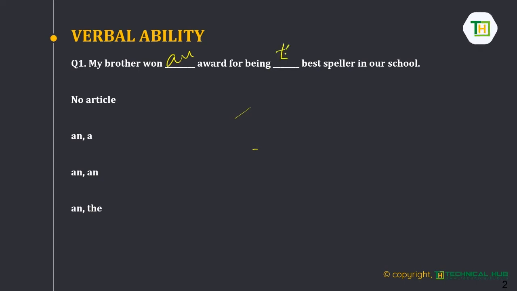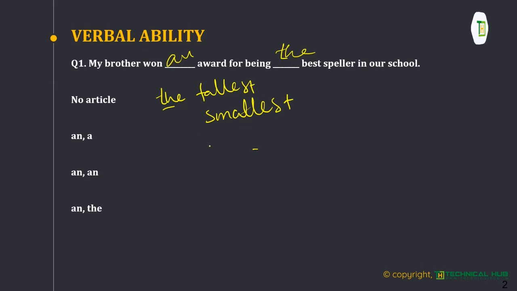And I told you many times that whenever we have a superlative form, we always use the in front of the superlative form. That means the tallest, the smartest, the smallest. So we can use the in front of any superlative form. Right. So moving into the next question.